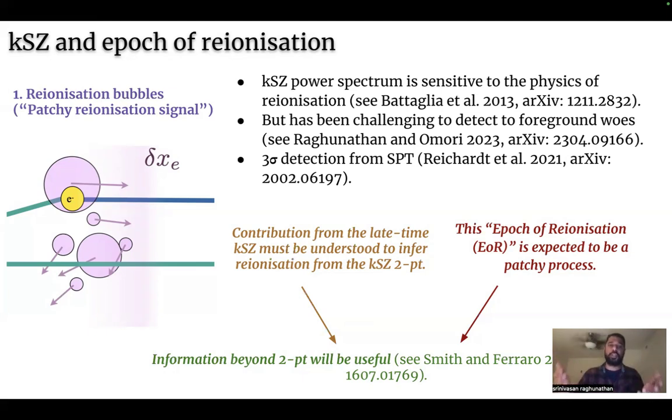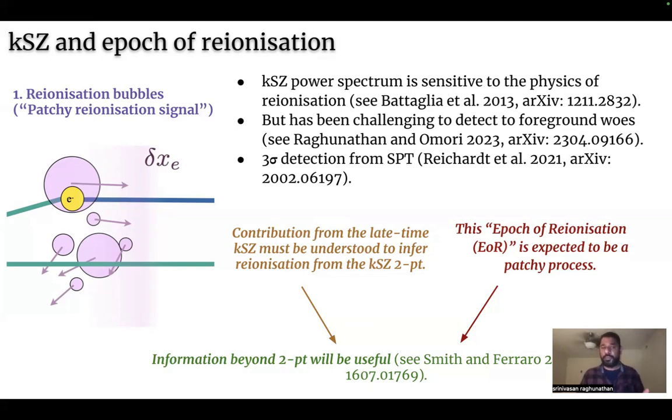So these are all additional contaminations, and it is very hard to detect the KSZ power spectrum. There are a couple of papers that I've referenced here if you want to look into more detail. Nevertheless, we did make a 3 sigma detection of the KSZ from the previous release of SPT.